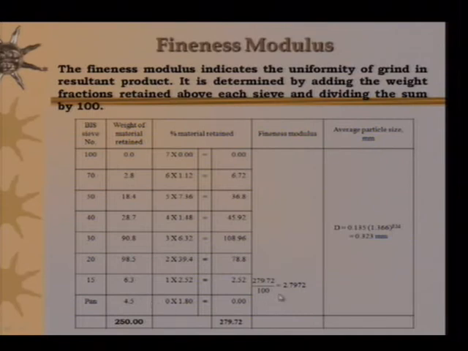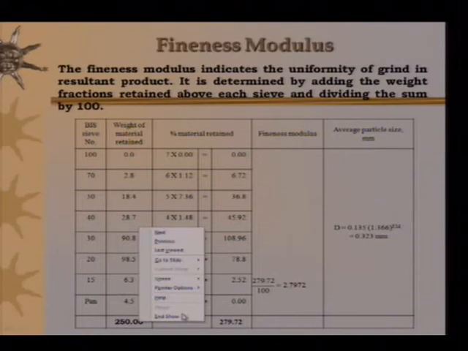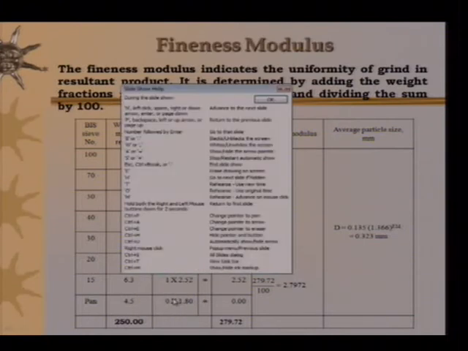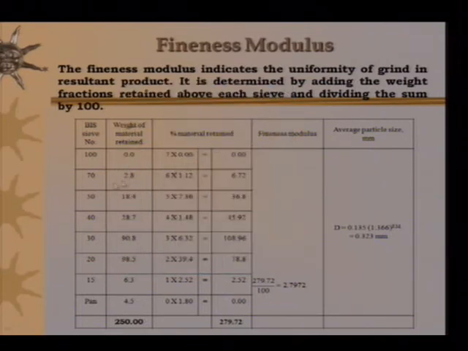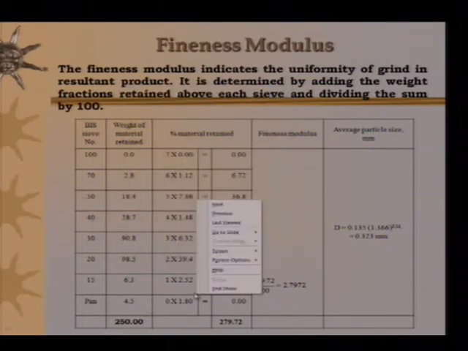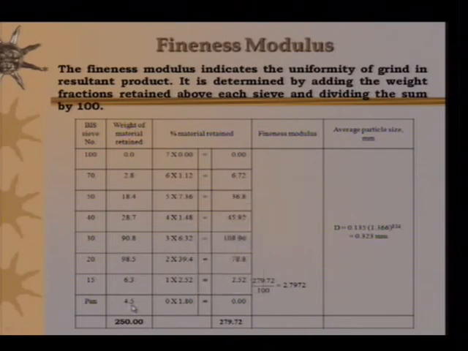Now you see here, in the total percentage material retained we find 279.72. Divided by 100, this is equal to 2.7972, and this fineness modulus shows us the uniformity of the product over the entire range.